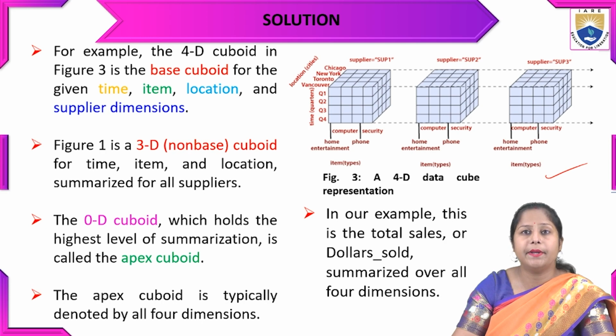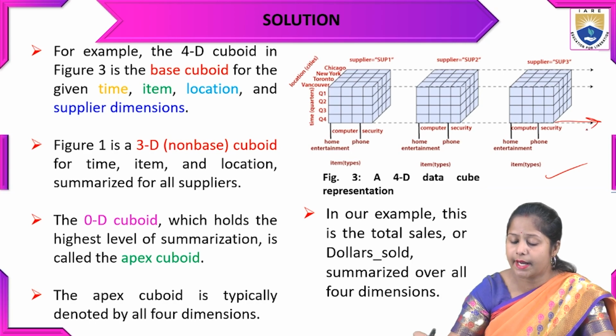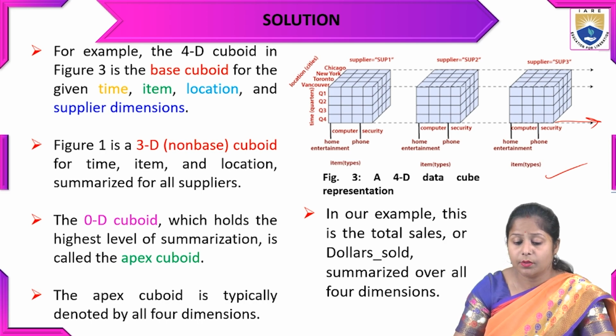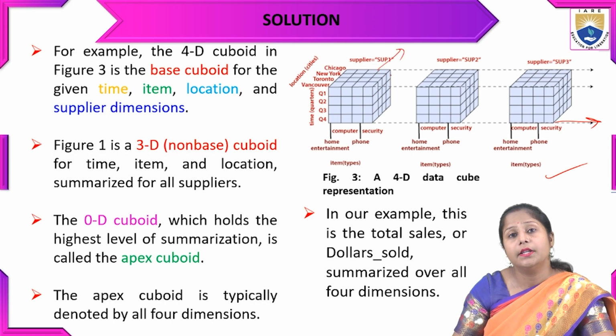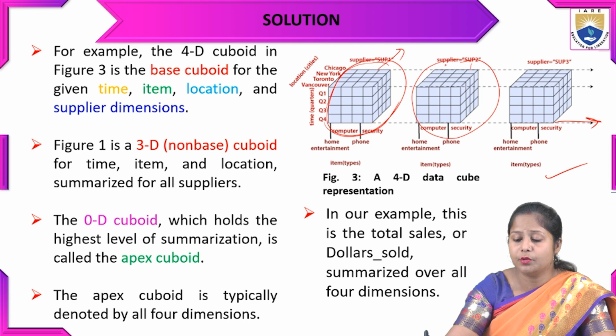So here, what will be the base cuboid? That will be the items in the last of the 3D cuboid. So that will be the 3D cuboid base cuboid. Like this we can understand for the supplier: when supplier is equal to supplier 1, that will be the representation of the base cuboid. Likewise for supplier 2, supplier 3.